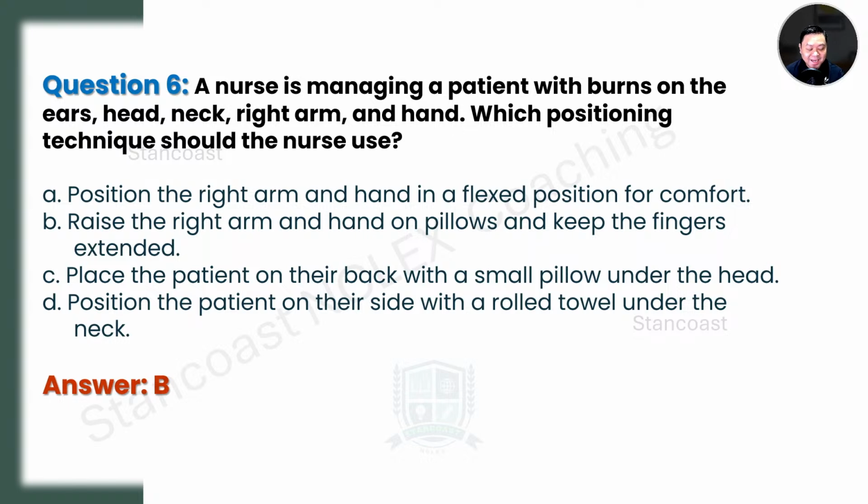The side-lying position with a rolled towel under the neck could also lead to contractures in the neck, and restriction of movement can follow. So in this case, you need to look for the answer that prevents complications like swelling or contractures. So that would be letter B.